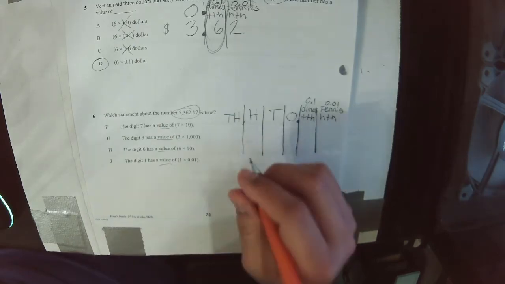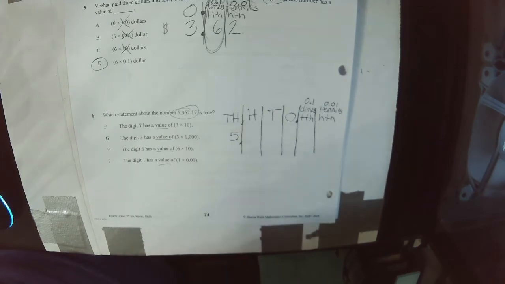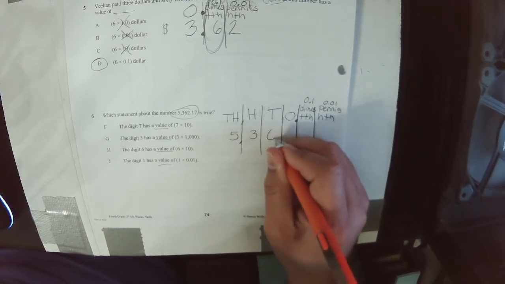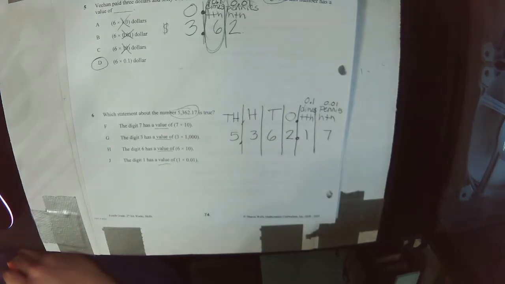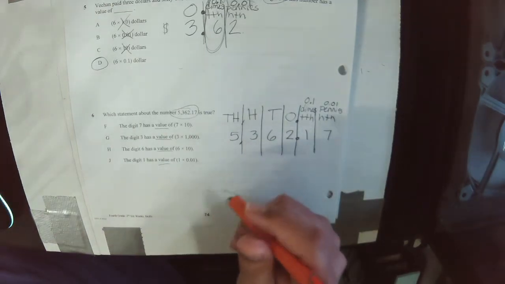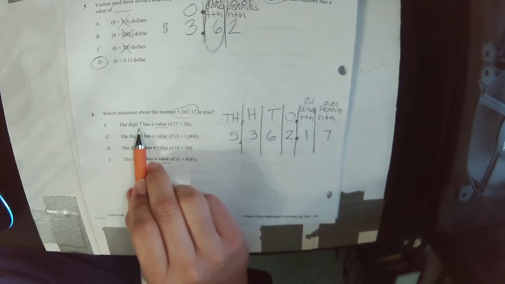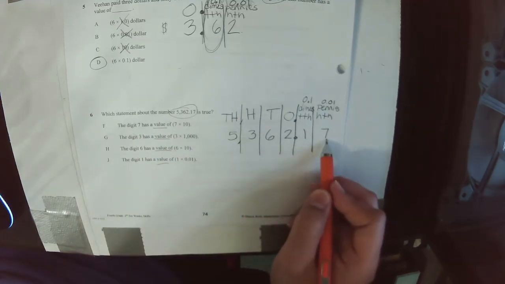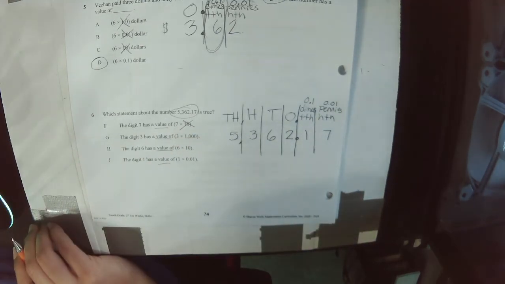Let's copy my number here. I'm going to use the comma and the decimal to make sure I'm putting these in the right place values. Comma, 3, 6, 2, decimal, 1, 7. And let's see which one of these is true. The digit 7 has a value of 7 times 10. Here's my 7, but it is not in the tens place. That's okay, Violet.